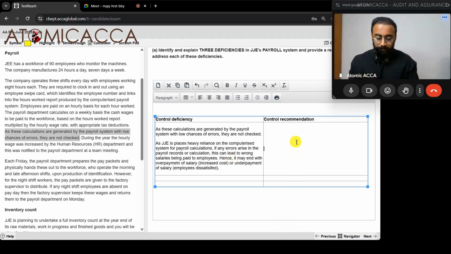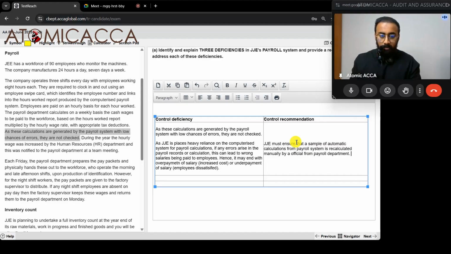So JJ must ensure that a sample of automatic calculations from payroll system is recalculated manually by an official from payroll department. Now we wrote the flip point, but this is not enough.